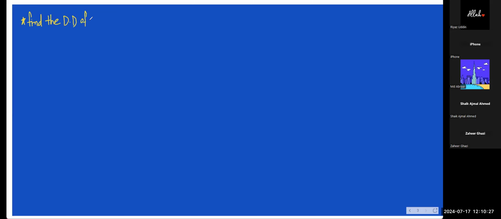Directional derivative. Exactly. Find the directional derivative of the function 2xy plus z square. We have so many questions based on directional derivatives.